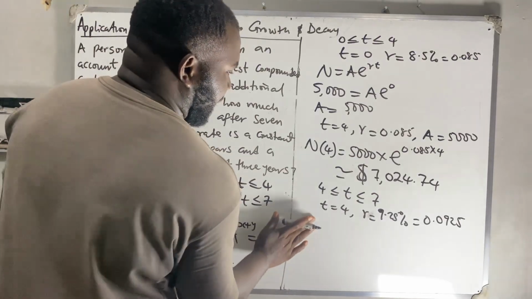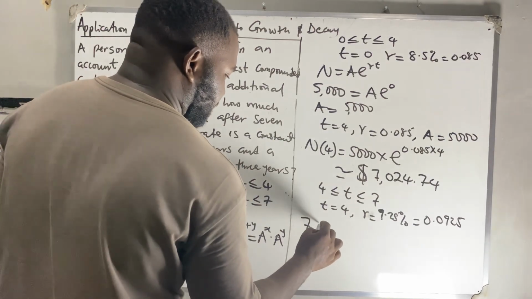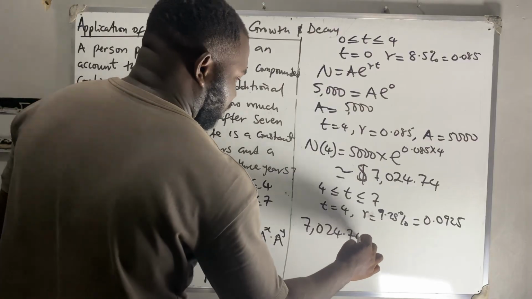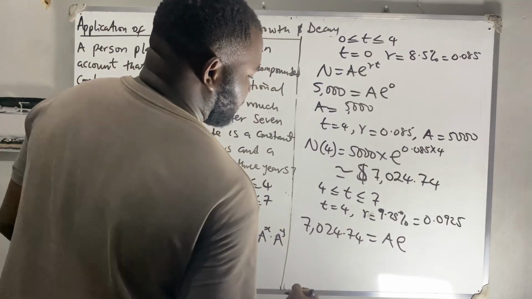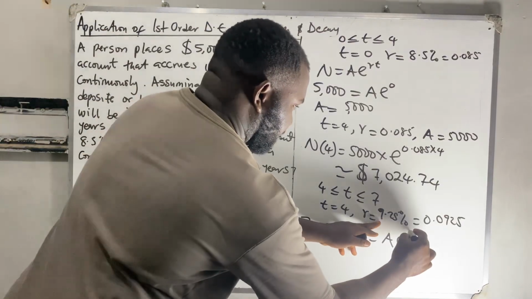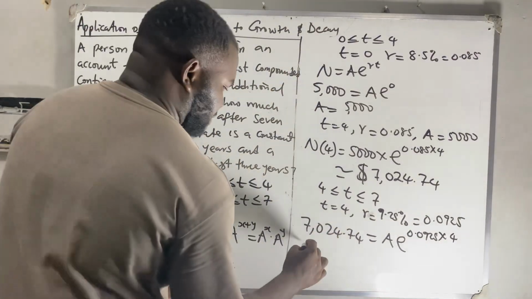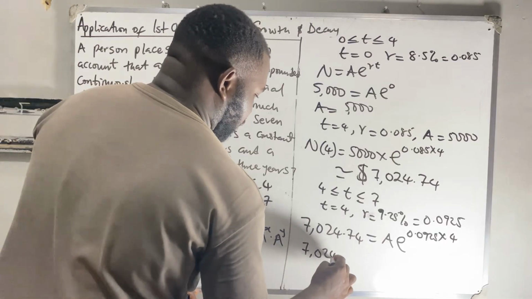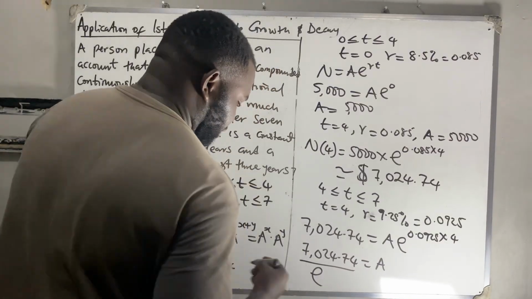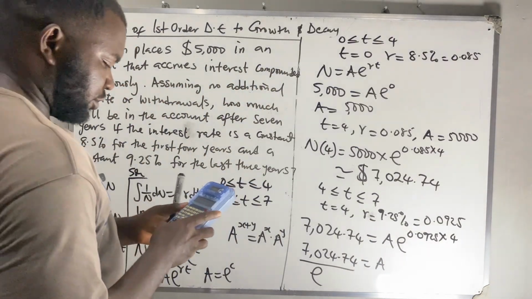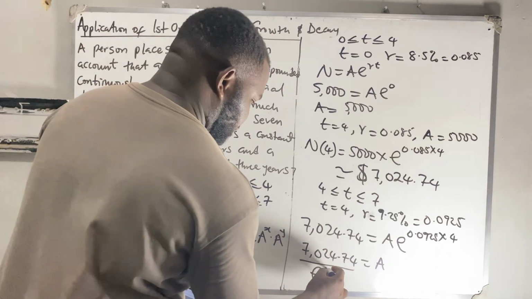The amount in the account now is 7,024.74. This is equal to A e^(rt), where r is 0.0925 and the time here is 4. So 7,024.74 equals A e^(0.0925 times 4). 0.0925 times 4 is 0.37.